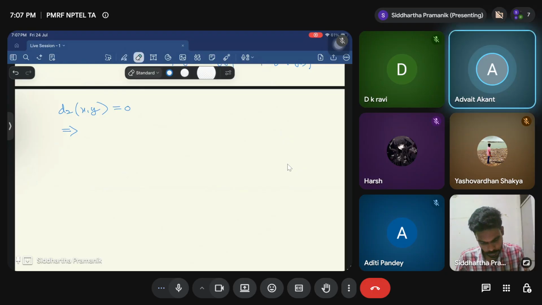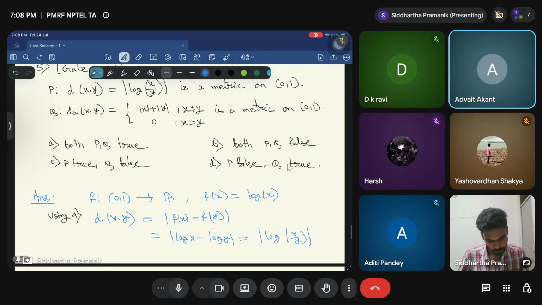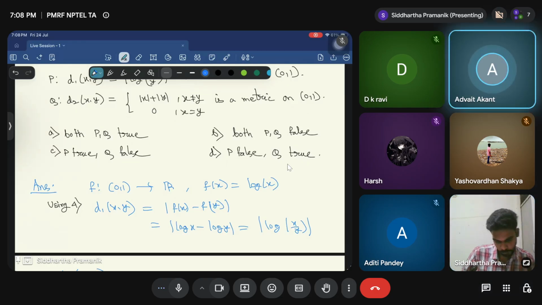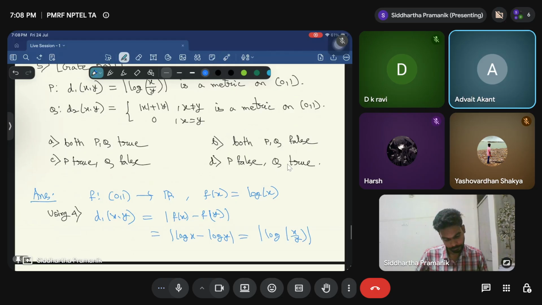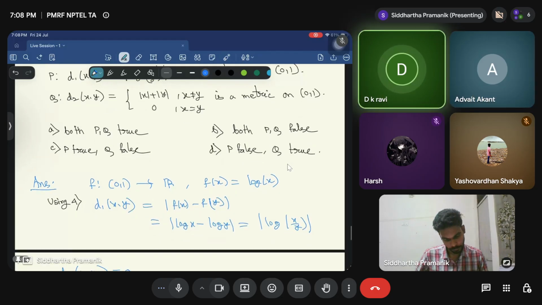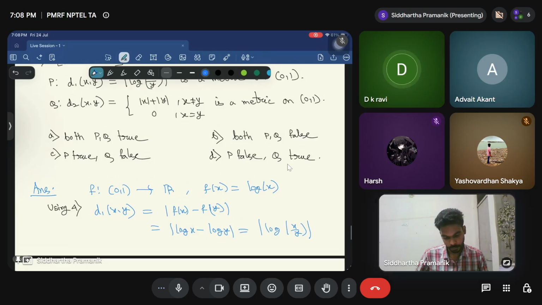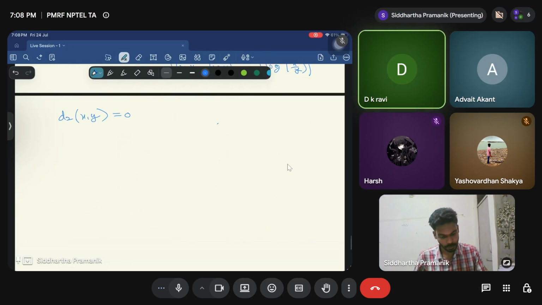I think even if it was not open interval (0,1), even if it was defined on R, it would work. So it will be a metric on R. Even then, non-negativity would work. Sir, if we take d of (1/2, 1/2), then how will it work?